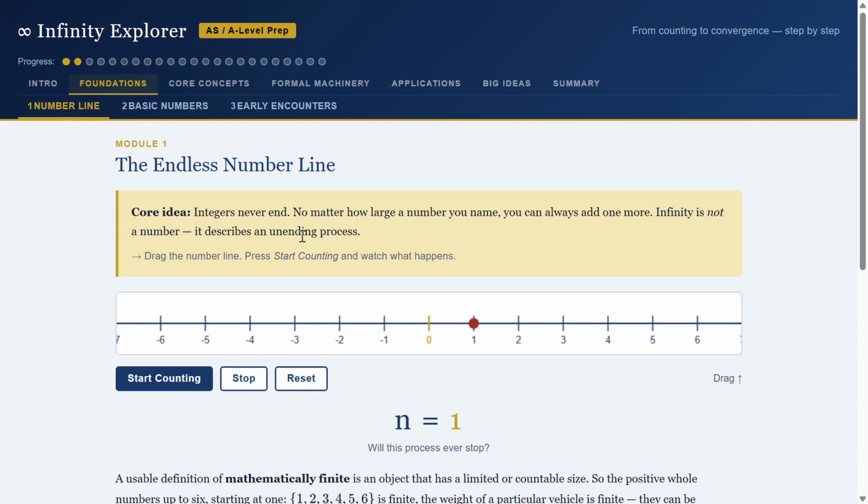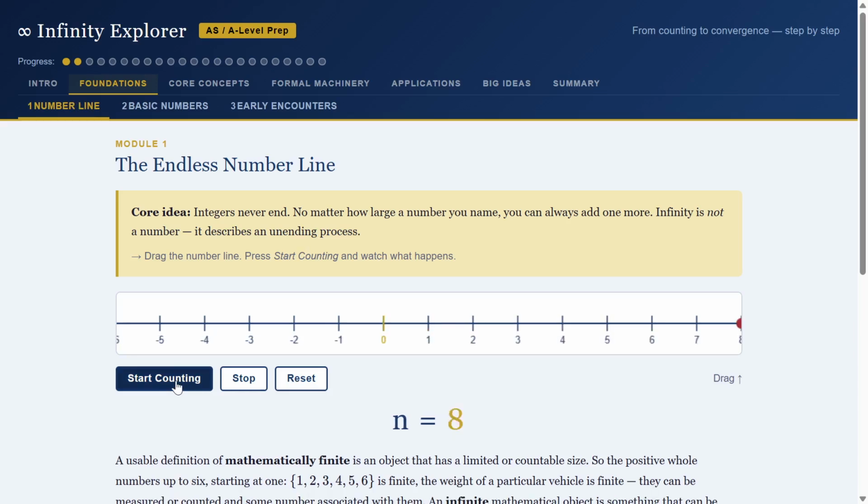So in this app, you can animate that by saying, let's start counting by adding 1. And you can see that it will never end.